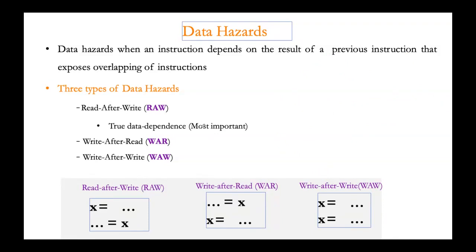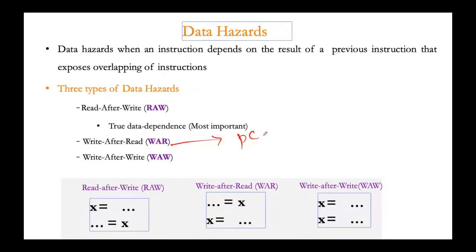So when you are dealing with the data during the execution, there are three types of data hazards that we find. One is read after write, another is write after read, and the third is write after write. Generally, write after read happens with the program counter.